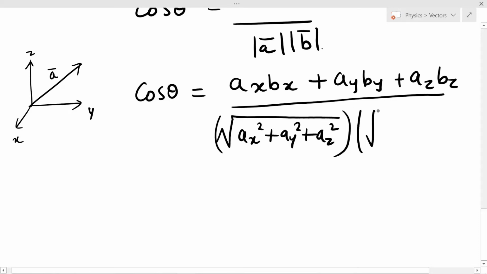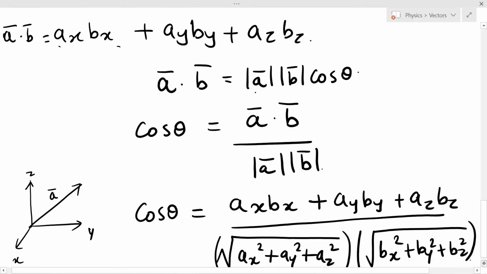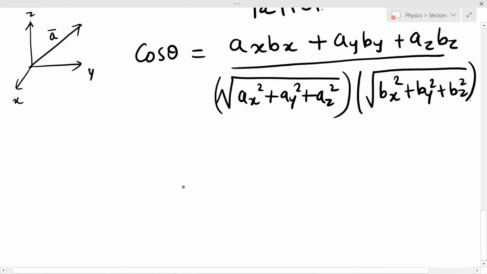Similarly for b bar, it will be the square root of bx square plus by square plus bz square. So this is the angle between the two vectors in terms of the components. So cos theta, sorry, theta will be cos inverse of this.